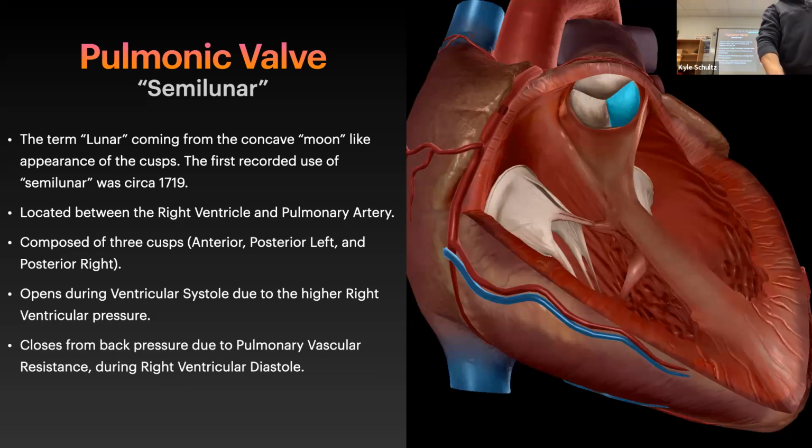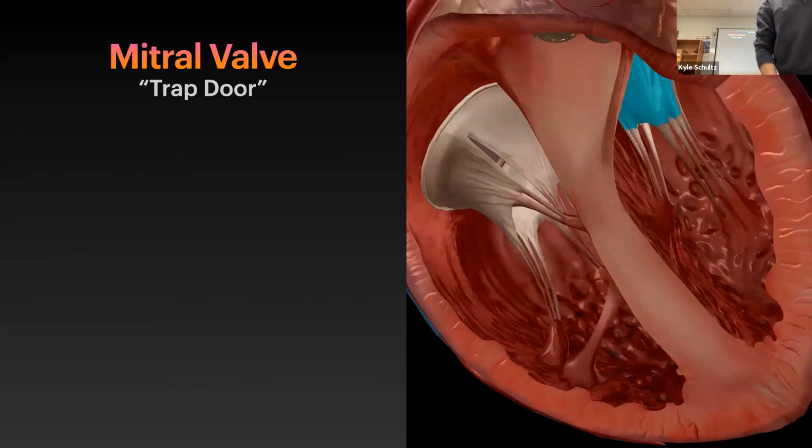Closes from the back pressure from pulmonary vascular resistance during that right ventricular diastole. So after the ventricle squeezes, it shoots out through the valve. That pressure that's residual inside the pulmonary artery is enough to push back on that valve to close it. And we already know it has no chordae tendineae or papillary muscles.